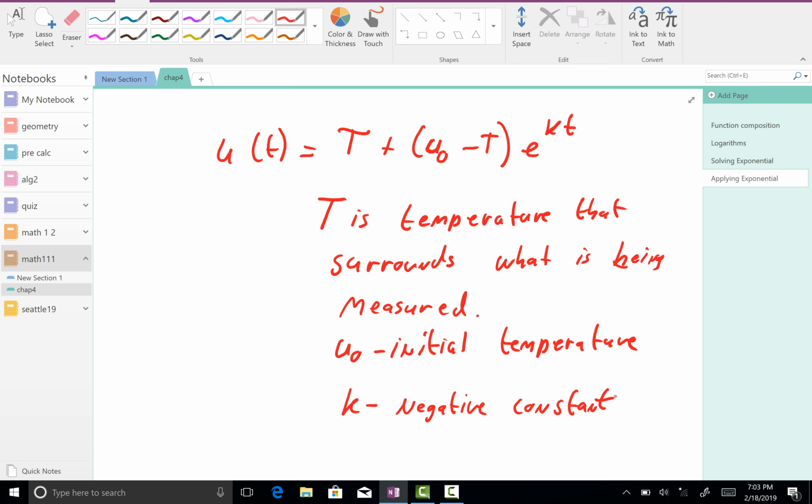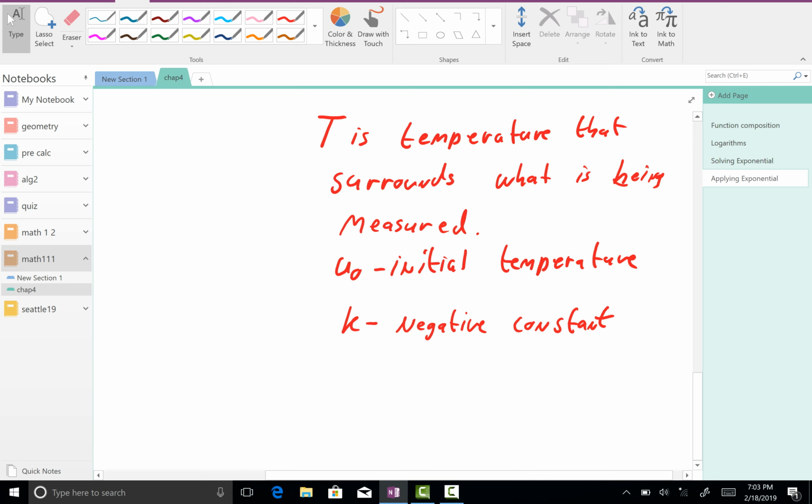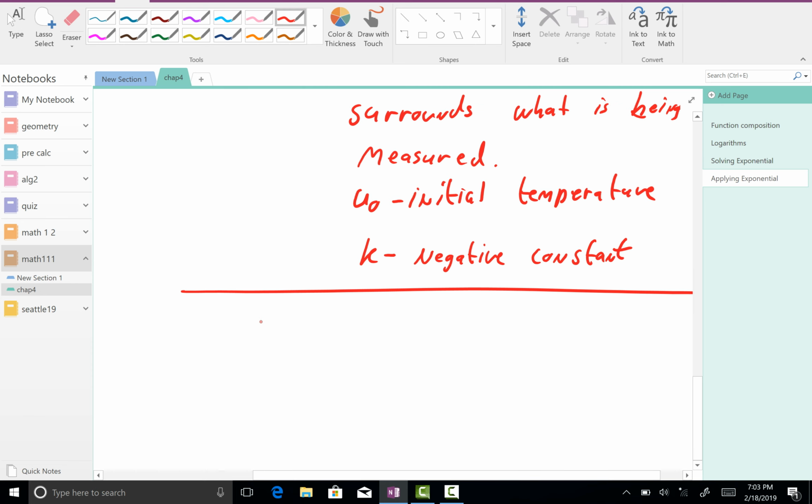So let's see if we can find one. I'm just looking at one of the problems, I don't know if it's on your slide or not, but on page 357, number 13 is a perfect example of Newton's law of cooling. So let's do that one. It says cooling time of a pizza.